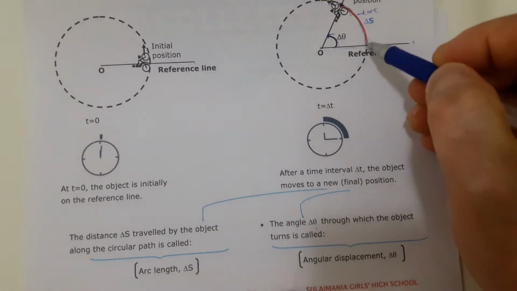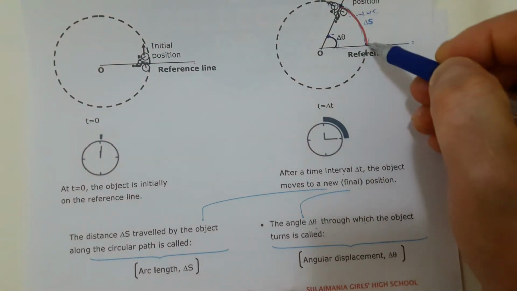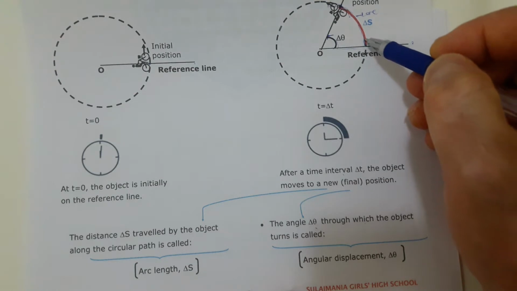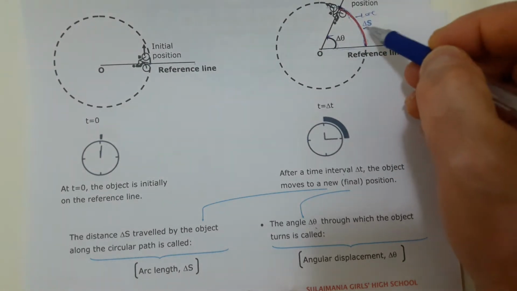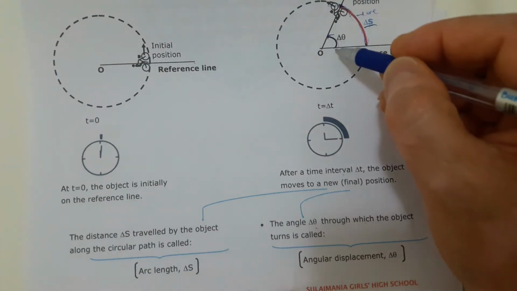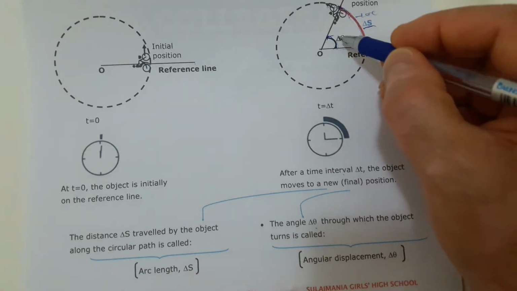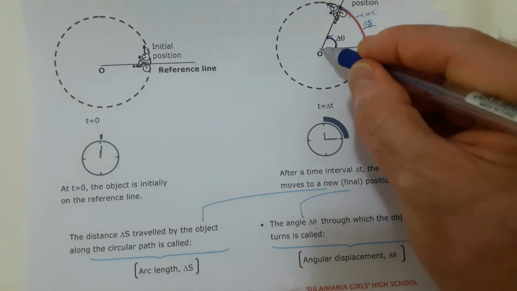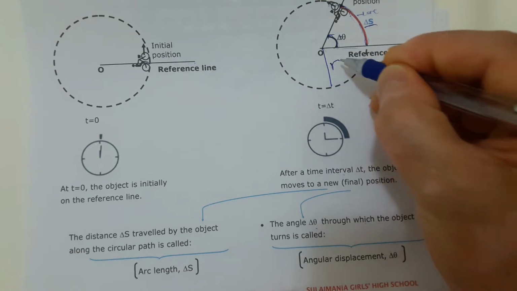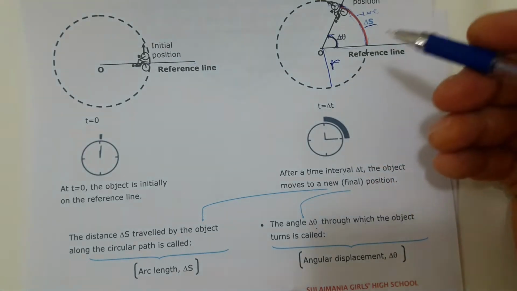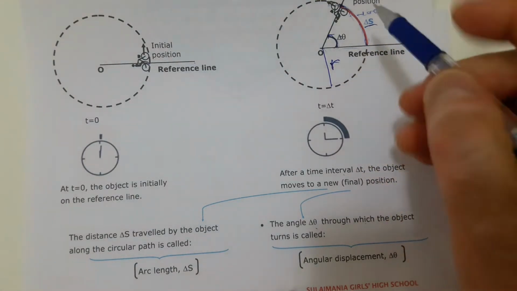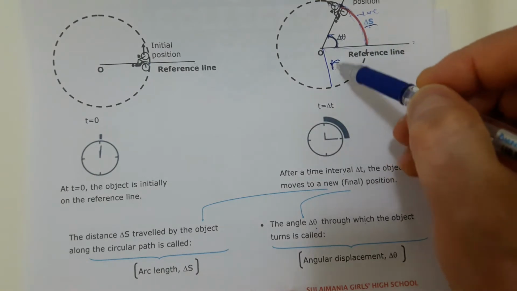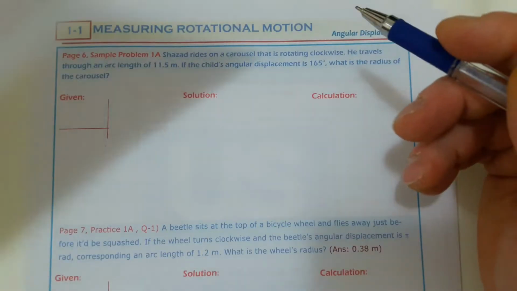So delta s is the arc length. This object displaces or moves on an arc whose length is delta s, by the time this bicycle is turning by an angle of delta theta on a circle whose radius is r. So remember, we are able to relate theta, s and r, and we will do it again now in this section.